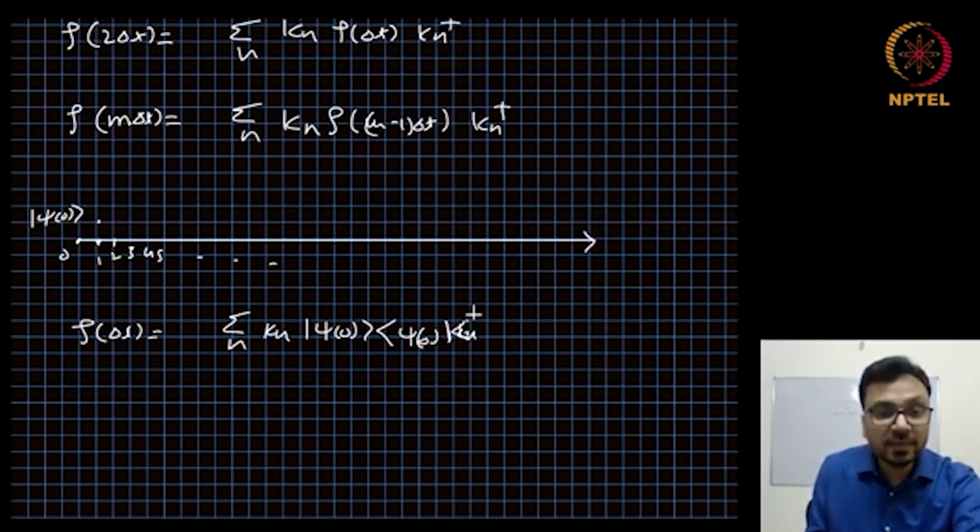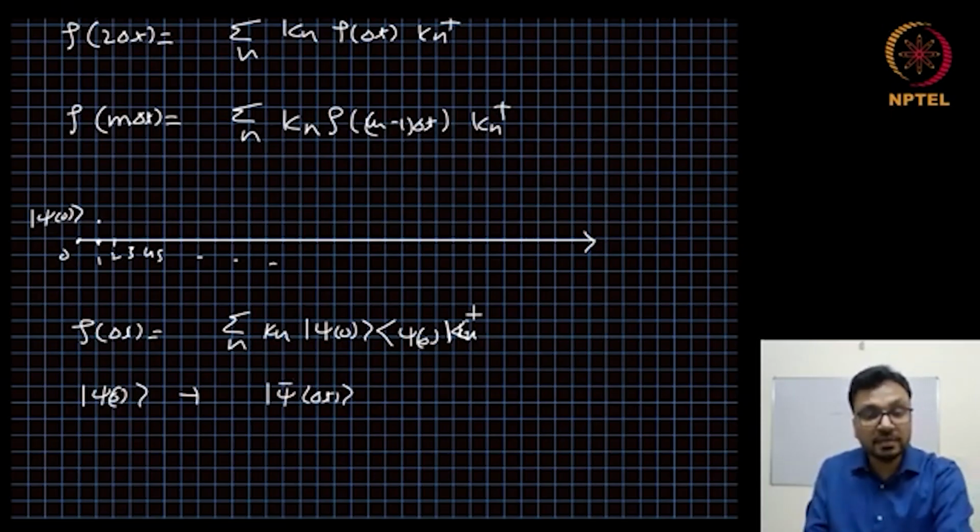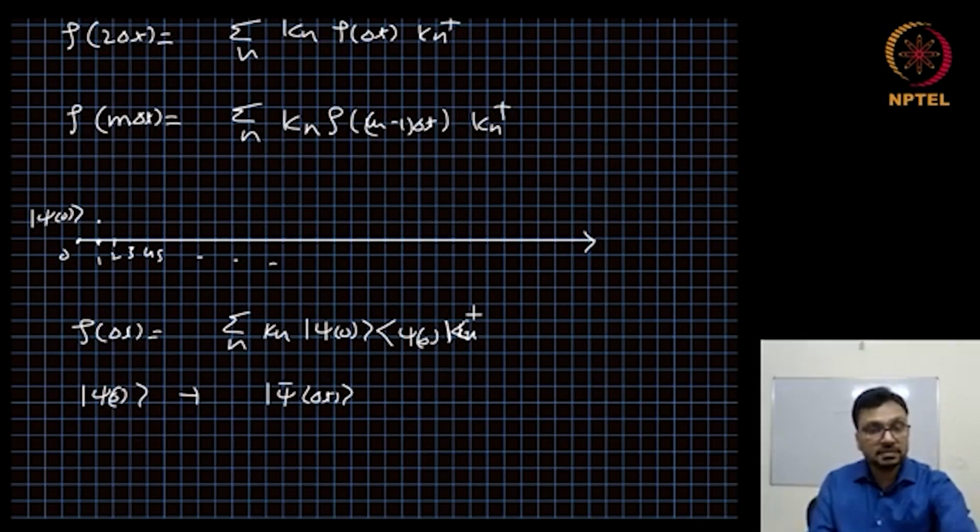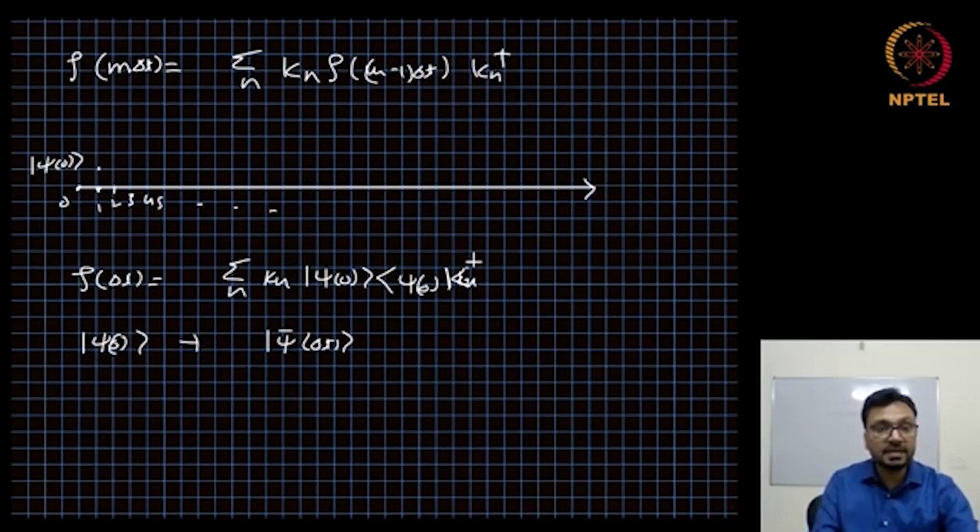But what we can do is say that the pure state psi of 0 goes to another pure state, psi bar of delta t, in this evolution, and this state psi of delta t can be any of the states, Kn acting on psi of 0.